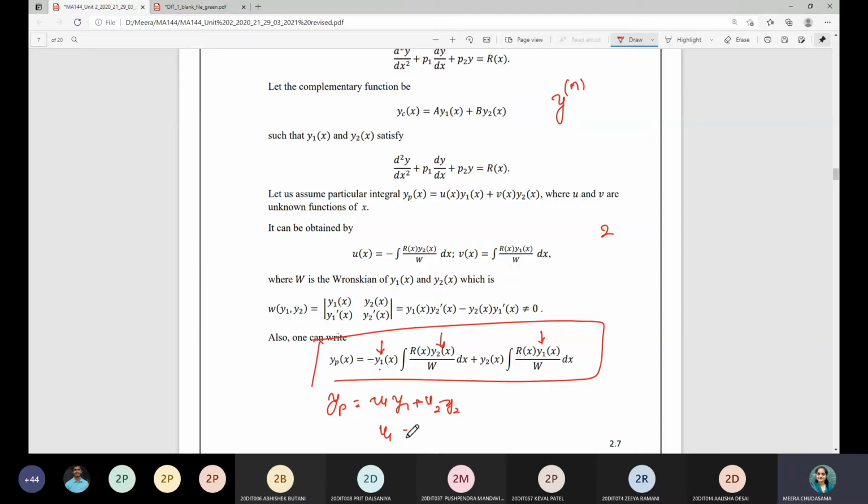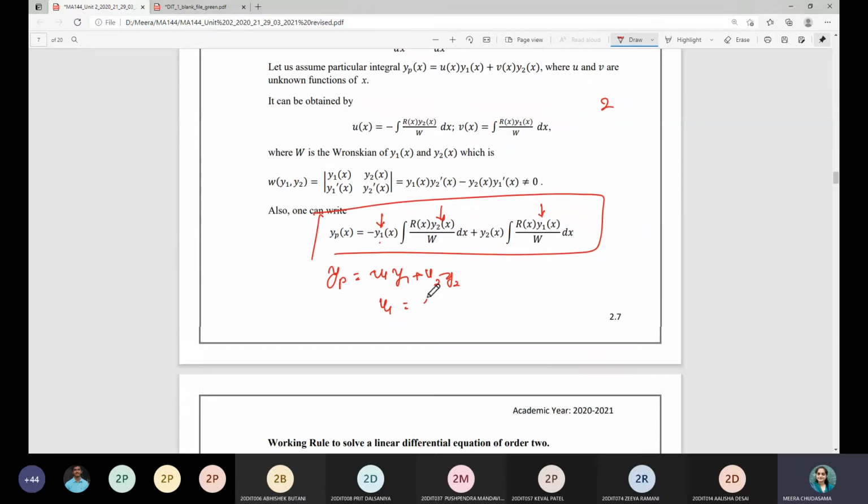So in this case u1 will be what? It is just the integration of r of x upon W, sorry, into W1 upon W, which is the Wronskian, dx. Similarly u2 will correspond, this entry will be W2 and so on. So in that case there is no need to remember these signs, whether with y1 it is plus sign or with y2 it is negative sign. Likewise no need to consider the signs corresponding to this formula, right?